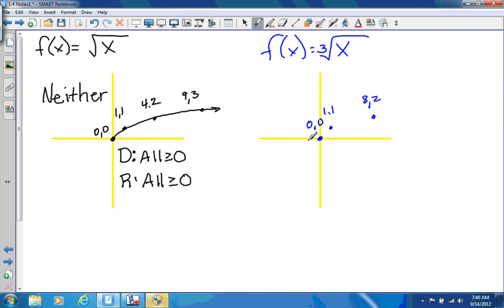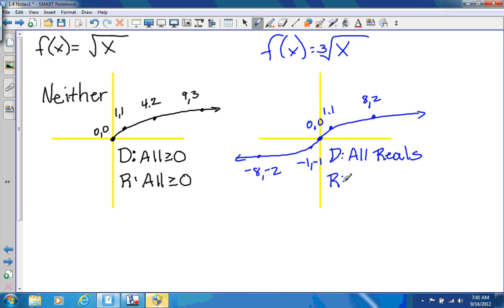That way, it would also have negative 1, negative 1, negative 8, negative 2, and so our graph goes like so. Domain, all reals. Range, same thing.